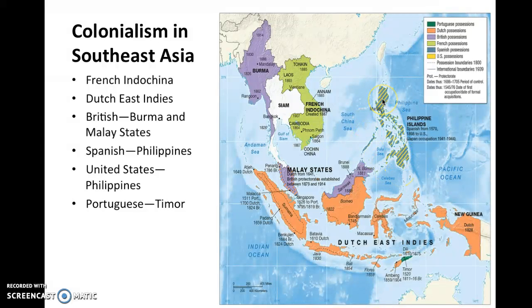And then it was occupied by the Japanese until 1945, and then it became an independent country. This is a Christian country in Southeast Asia. Same with the Philippines. The rest of it tends to be Buddhist and animist and Muslim.